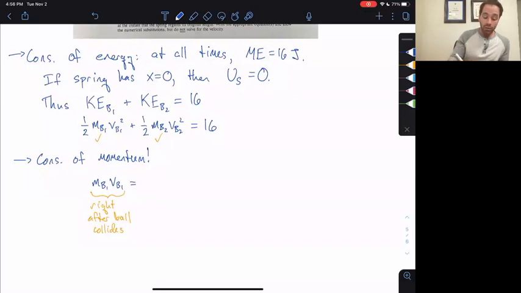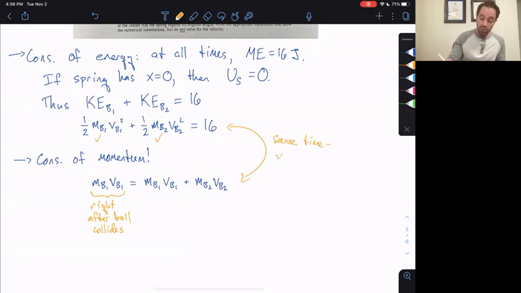So now we'll be looking at MB1 VB1 plus MB2 VB2. And because we're looking at the same instant in time, that means that VB1 and VB2 mean the same thing in both equations.